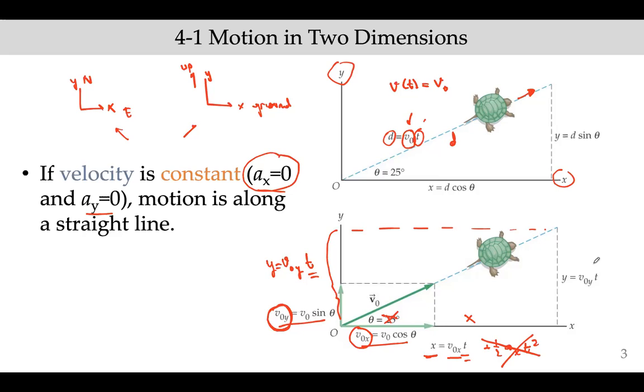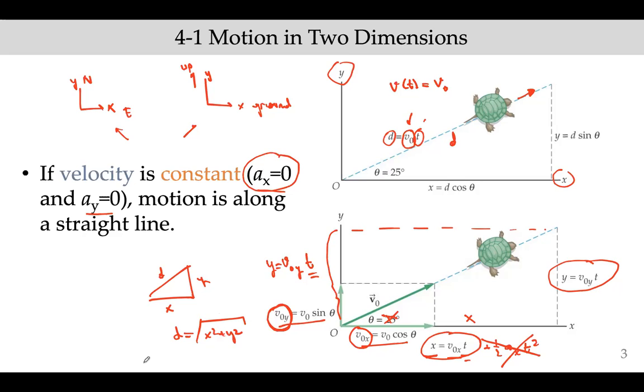Okay, so when you calculate these two, x and y, now you can find the path d from the Pythagorean theorem, right? So this is d that you want to find. Now you know x, you know y. You can find d from Pythagorean theorem.